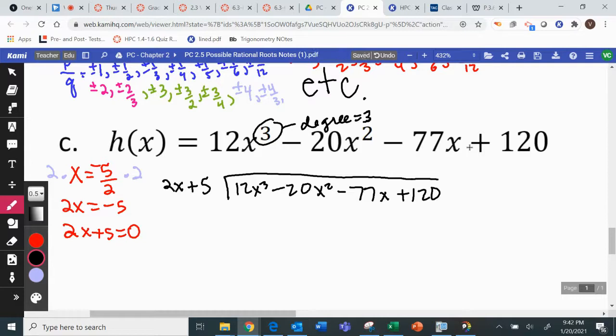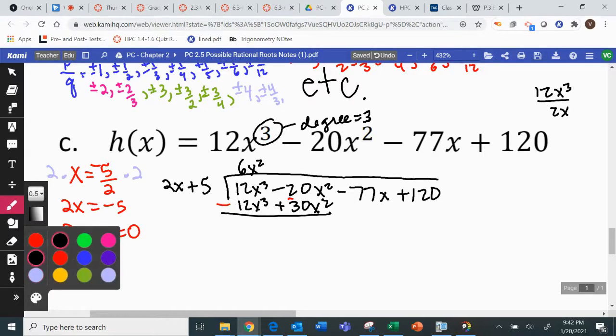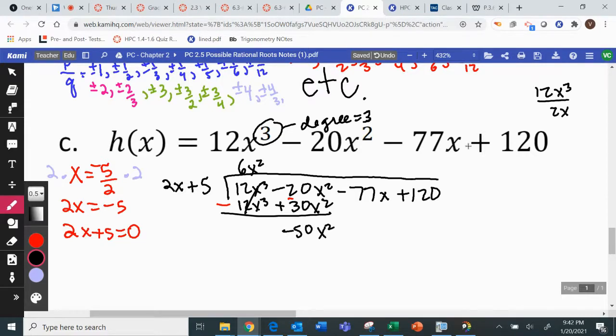2x goes into 12x cubed. If you can't do that in your head, you go off to the side. 12x cubed over 2x. That gives me 6x squared. I distribute that. 12x cubed plus 30x squared. Draw the line. Change the signs. And I get negative 50x squared. Bring it on down. Repeat the process.